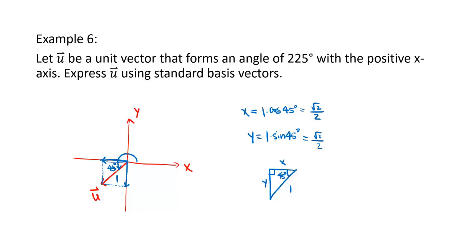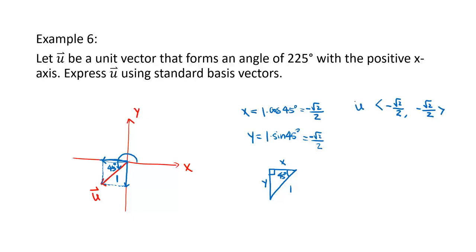But if you look at this picture in the xy plane, my u is in the third quadrant, and that means x and y are both negative here. Right, because it's in the third quadrant. So the component form of my vector would have x and y components both negative square root of 2 over 2.